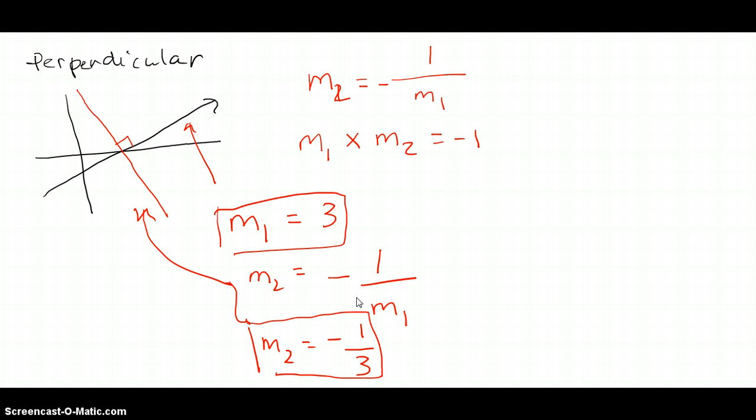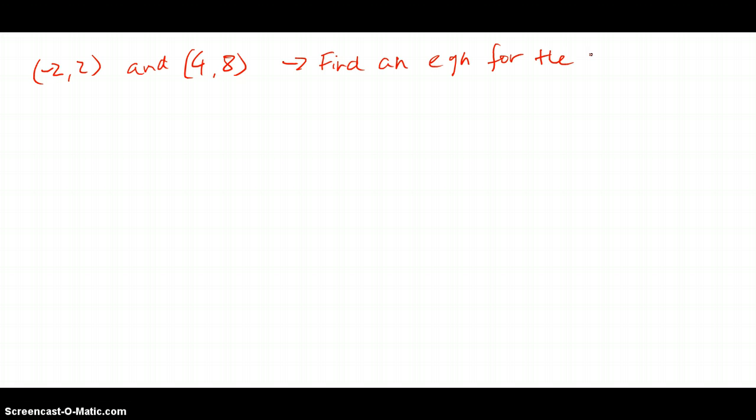Now let's do an example. So an example that I have is you've got 2 points. You've got minus 2, 2, and 4, 8. Okay, and you want to find an equation for the 2 points.